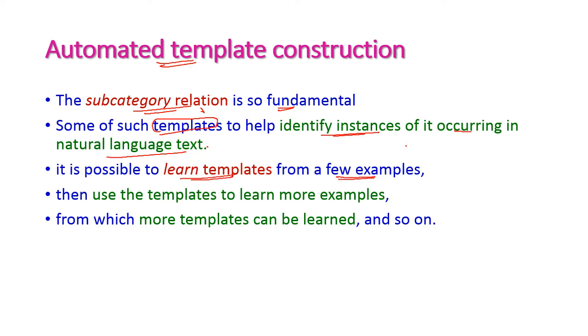Suppose we give a few examples; from these the system will learn the template, and by using this template the system will generate more such examples. From those examples it will again learn the template. Likewise, the system will automatically generate the template.